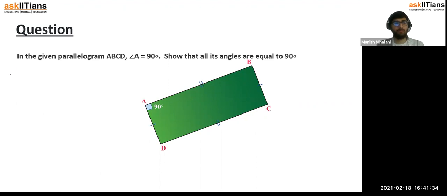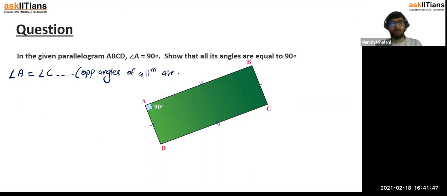So you would say therefore angle A equal to angle C, since opposite angles of a parallelogram are equal. So therefore angle C also becomes 90 degree, right?